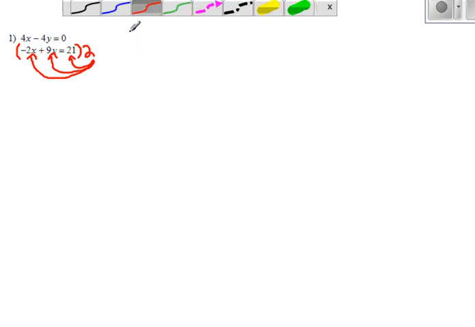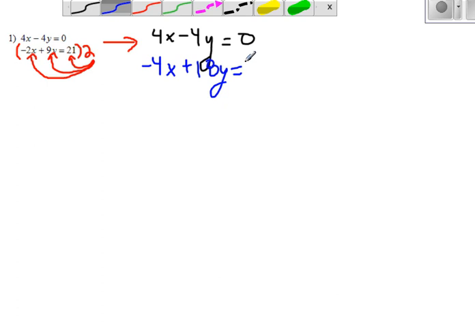Let's think. I'm going to change this equation. It's going to be the same thought. My top equation, I'm just going to write 4x minus 4y is equal to 0, just like I saw. But then my bottom equation, now if everybody gets multiplied by 2, it's going to be negative 4x plus 18y is equal to 42.